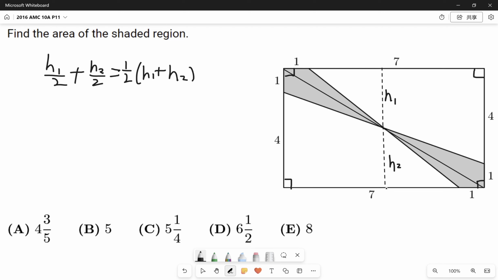What is it? So this whole line here is going to be the altitude, right? So this line here is just going to be 5, which is the width of the rectangle. So we know that H1 plus H2 is 5 because the altitudes here sum up to this whole width. So we have 5 over 2 is the area of our two triangles.